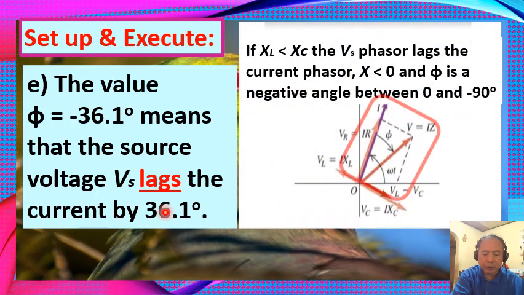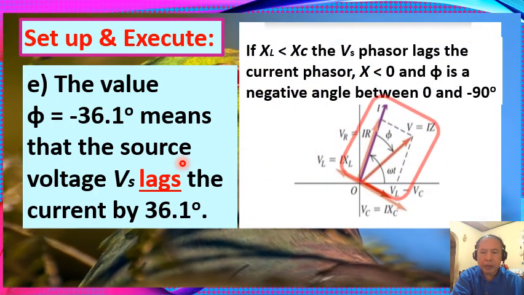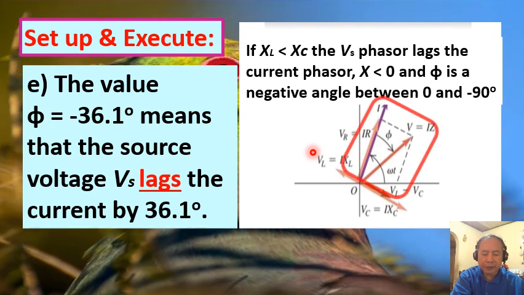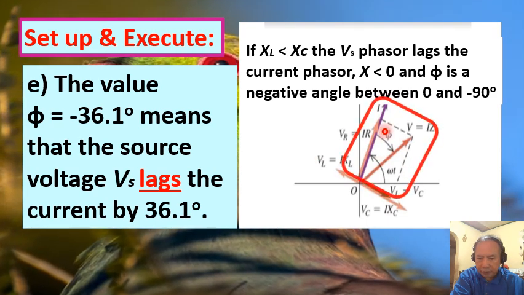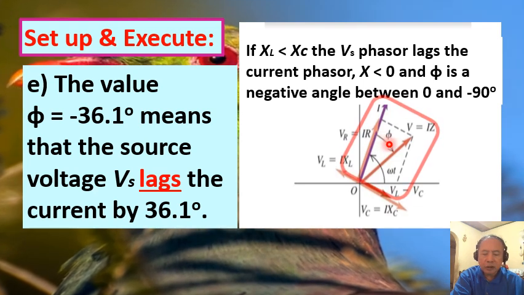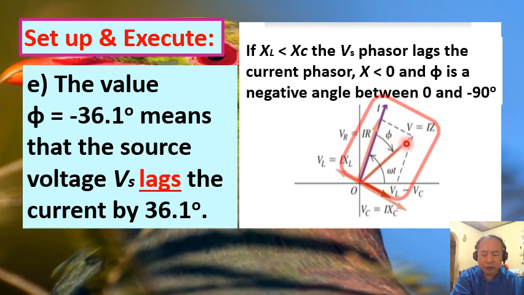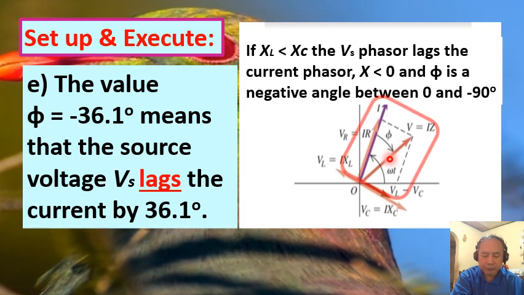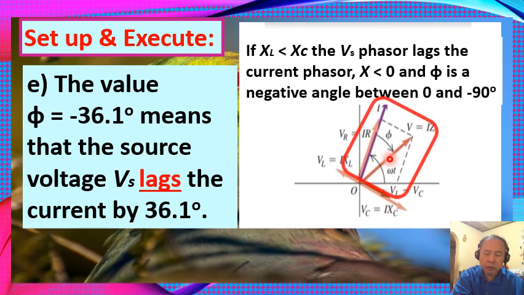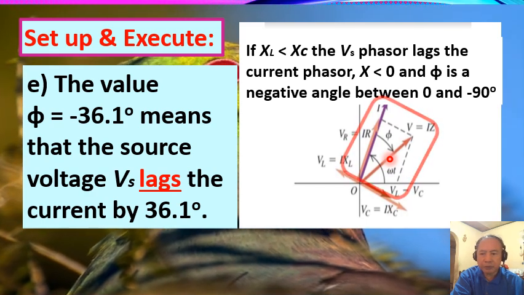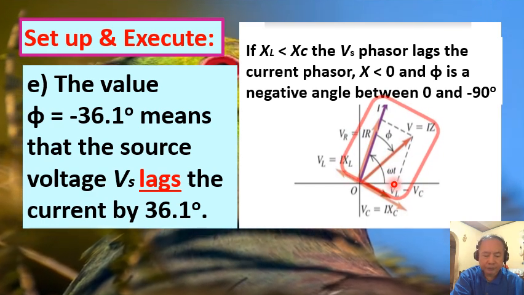As shown in the figure, we have the current phasor, capital I, the one that is represented by the black arrow, and the source voltage phasor, V sub S. Both phasors are drawn in the first quadrant.